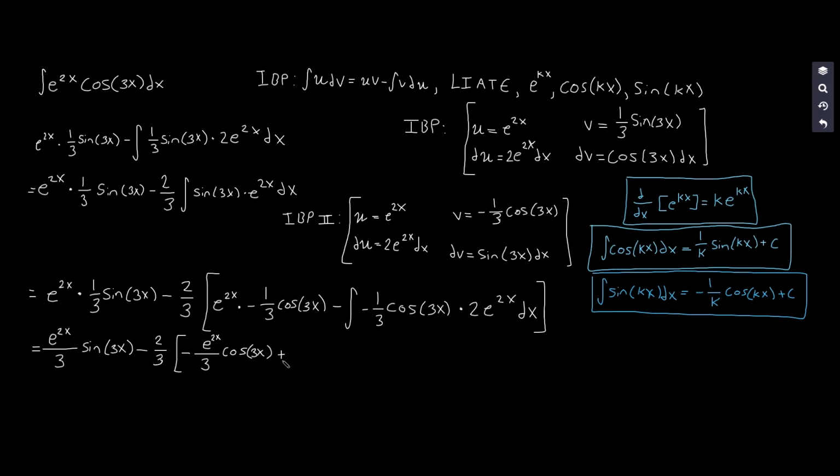So this is going to become positive. This is going to become plus 2/3 times the indefinite integral of cosine 3x times e raised to the power of 2x.